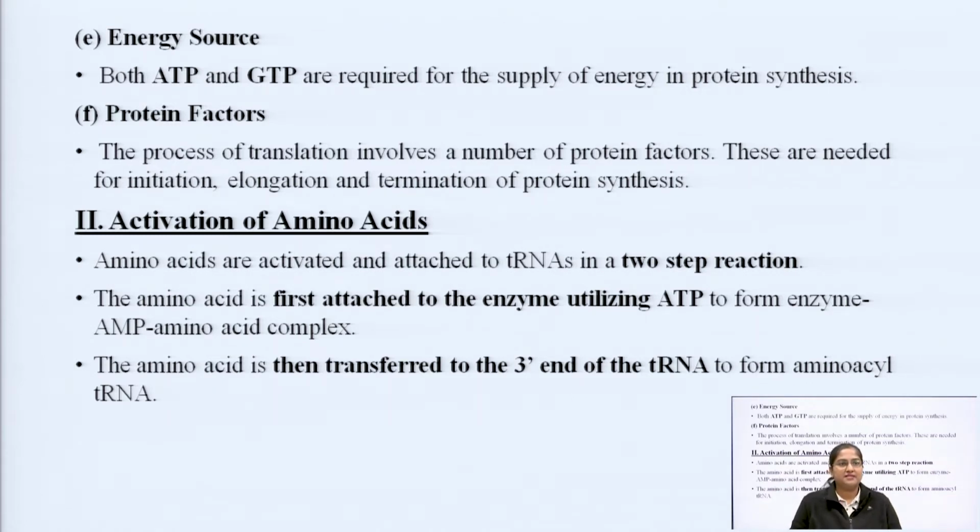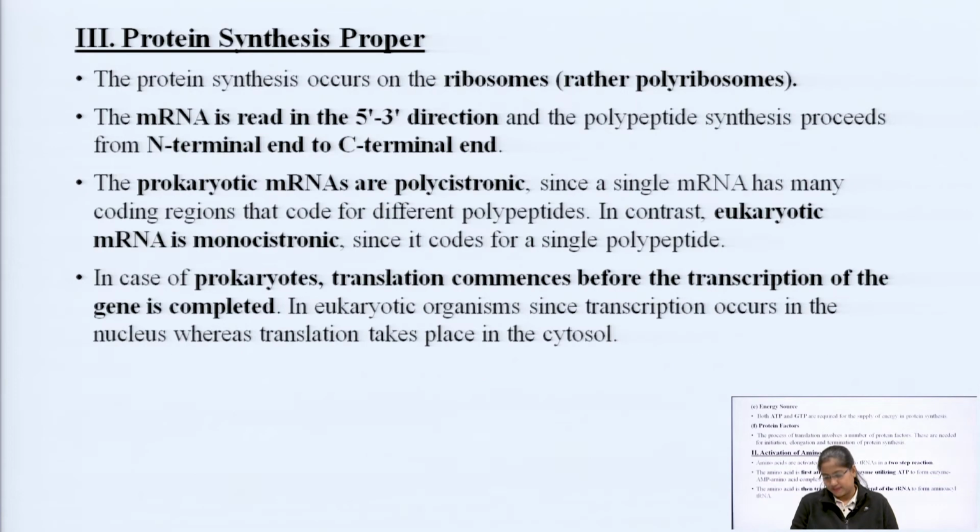First, the amino acid is attached to the enzyme utilizing ATP, forming an enzyme-AMP-amino acid complex. In the next step, the amino acid is transferred to the 3' end of the tRNA to form aminoacyl tRNA.